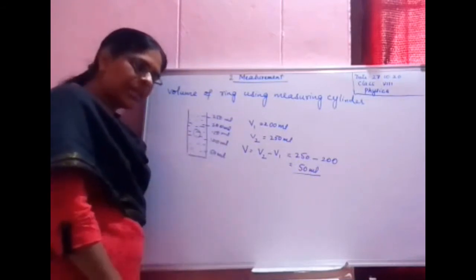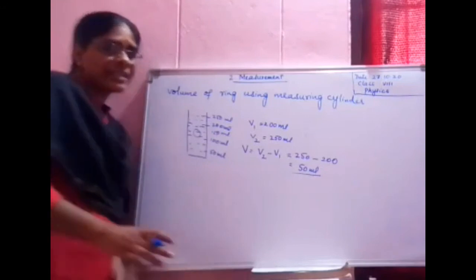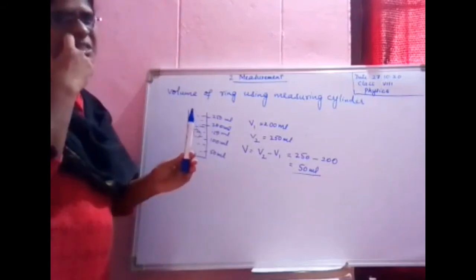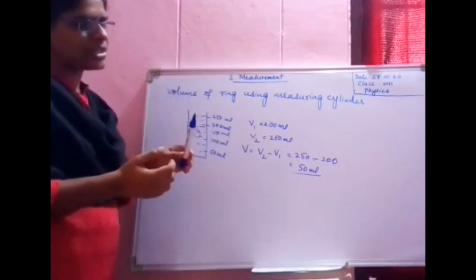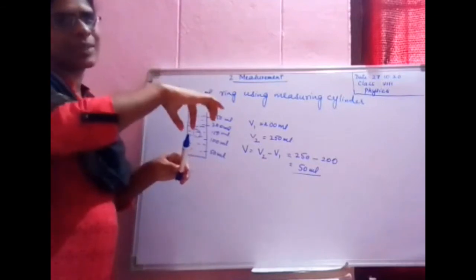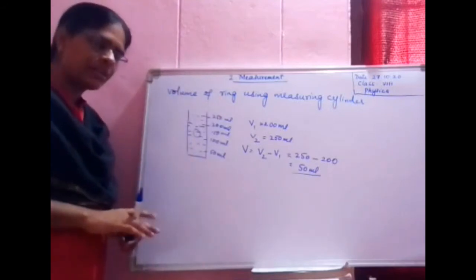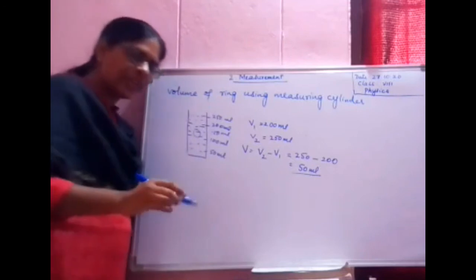In 2.6, he has just tilted the measuring cylinder and is placing the gold ring inside it. We are all observing in figure 2.6.